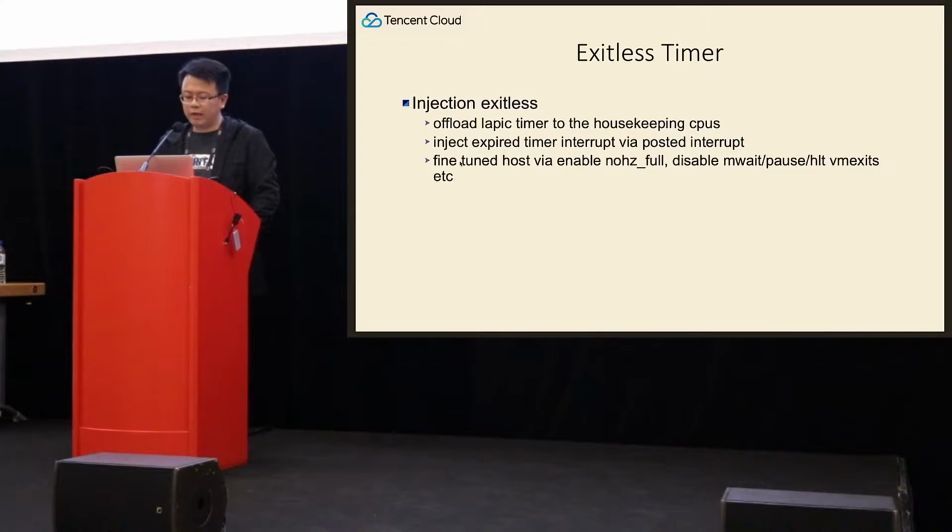The emulated local APIC timer, which is emulated by the hrtimer on the host, is offloaded to the housekeeping CPUs, and the VM is running on non-housekeeping CPUs. The expired timer interrupt fires on the housekeeping CPUs and is injected to the VM by posted interrupt from the housekeeping CPUs.